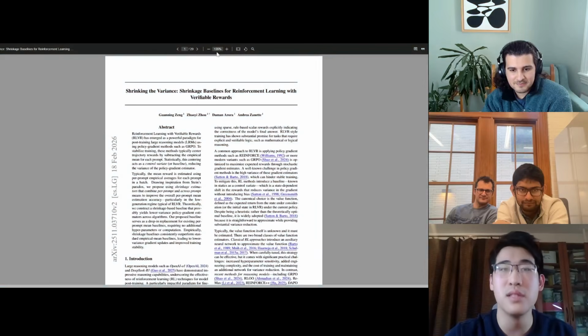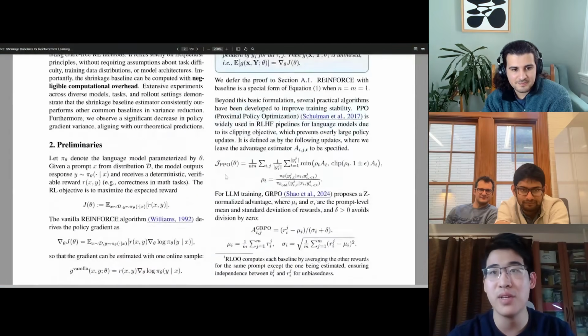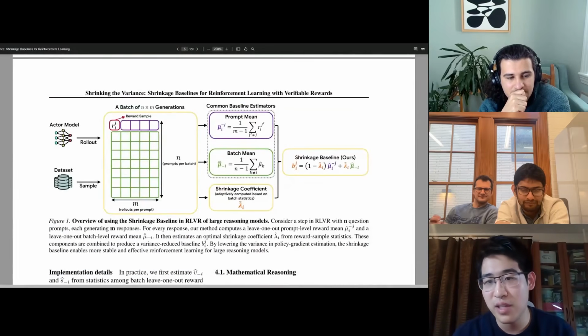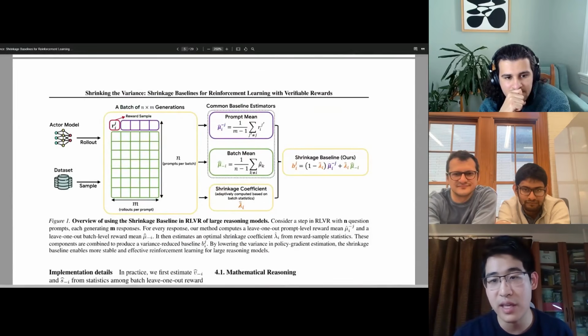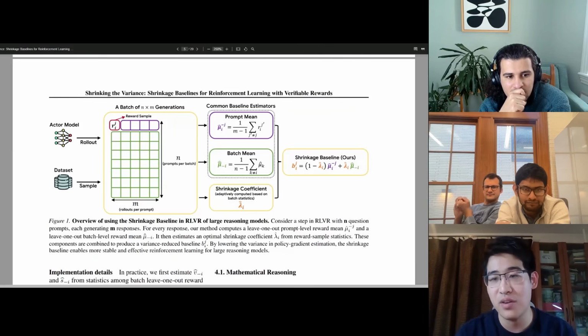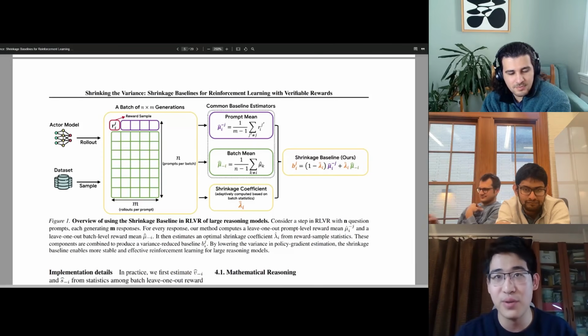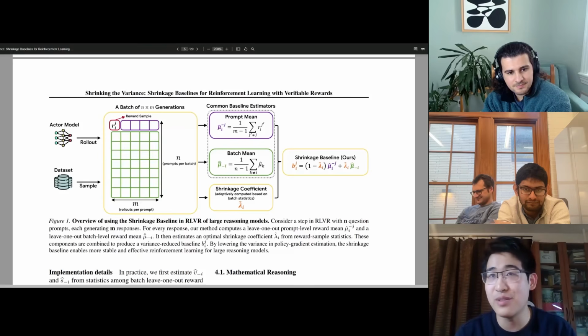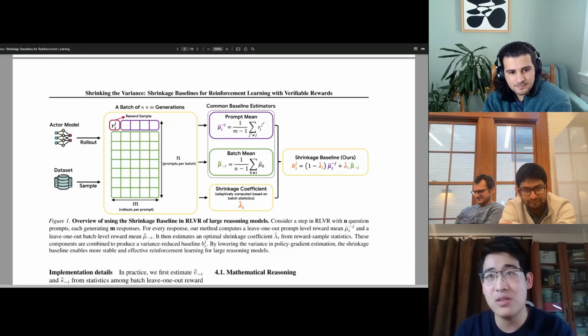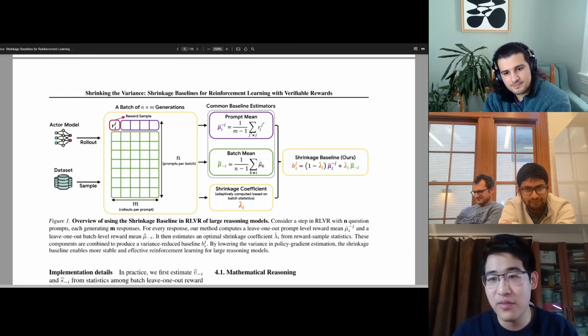Okay, this is another work. In this work, we discussed the variance reduction effect during the policy gradient update in reinforcement learning with verifiable rewards, and we derive a shrinkage baseline which can outperform the ordinary baseline of GRPO or some other algorithms such as REINFORCE++. I'm not going to go into the details of the derivation, so I will just illustrate from a high level.